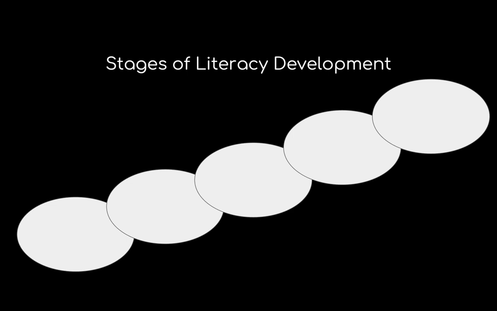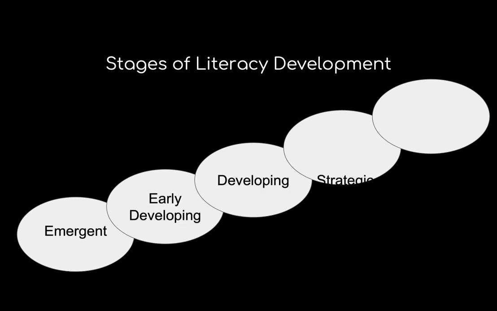Diagnostic Teaching of Reading by Barbara Walker, 2011, shares the five stages of literacy development that occur in schooling. These stages include emergent, early developing, strategic, and complex. Each stage has unique characteristics or key understandings that distinguish each of them from the other stages.